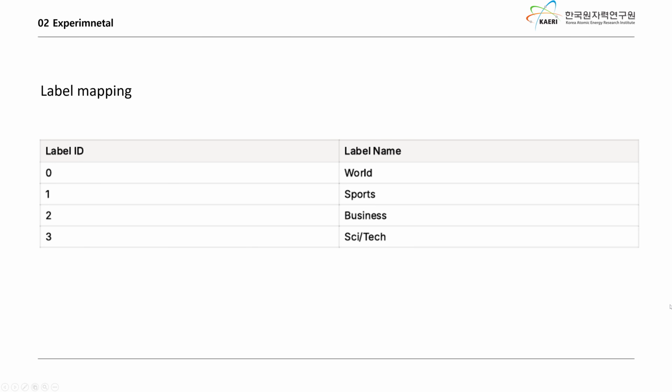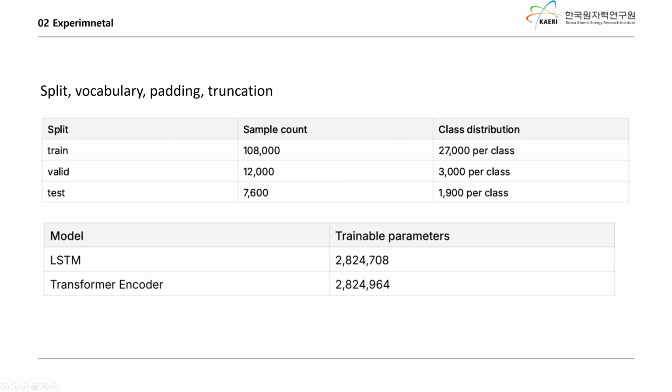The labels were mapped simply from 0 to 3, ensuring all four classes were treated on a completely equal footing. Crucially, our vocabulary was built strictly from the training set. This prevents any data leakage into the validation or test set.